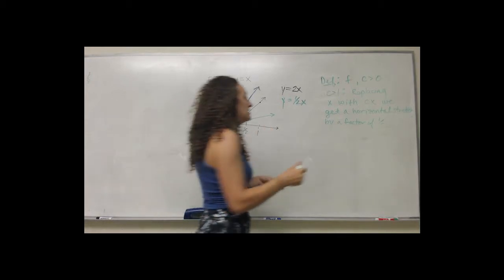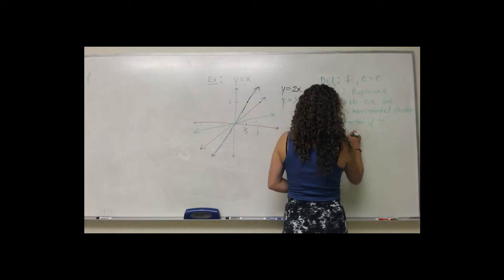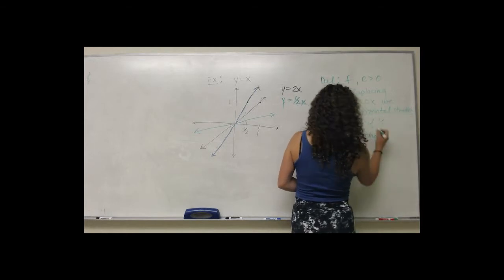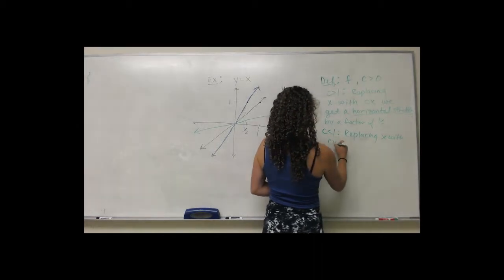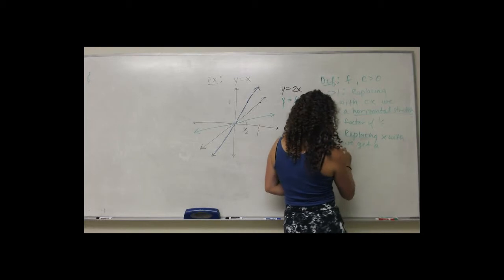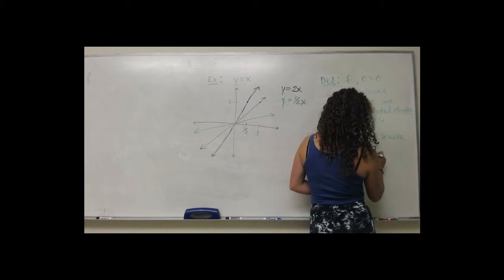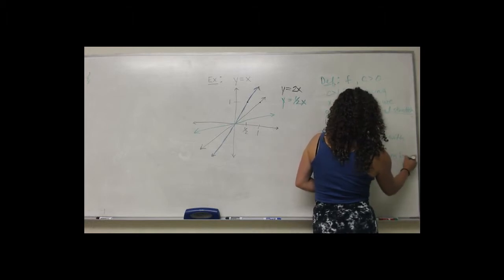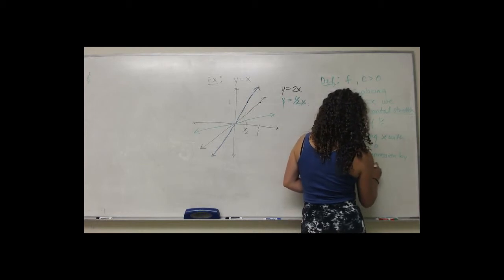Now if c is less than 1, so if c is some fraction, replacing x with cx, we get a horizontal compression by a factor of 1 over c.